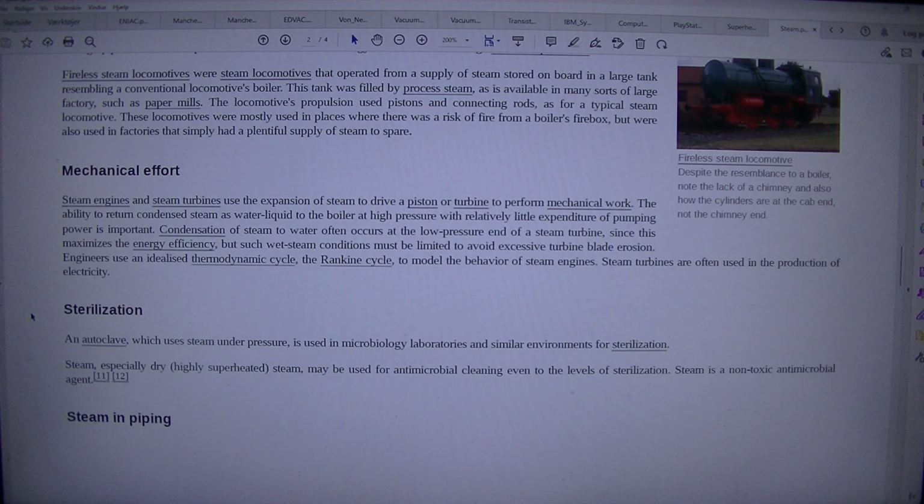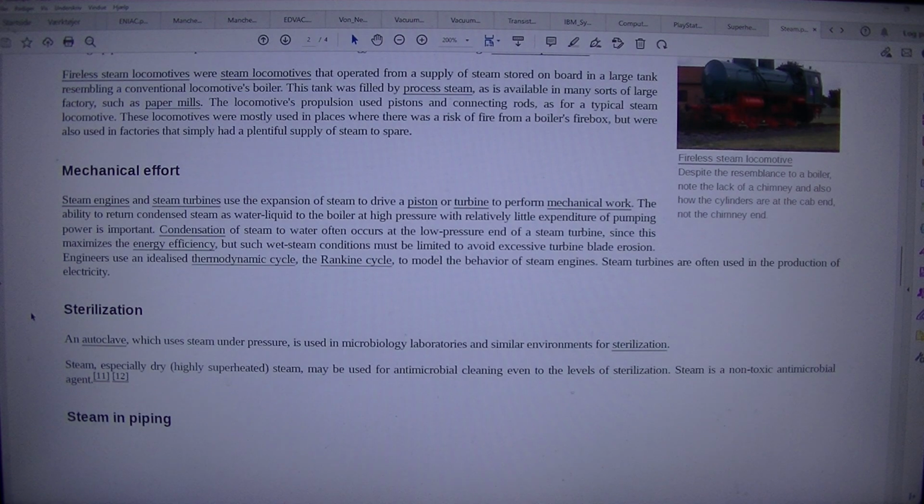Condensation of steam to water often occurs at the low pressure end of a steam turbine, since this maximizes the energy efficiency, but such wet steam conditions must be limited to avoid excessive turbine blade erosion. Engineers use an idealized thermodynamic cycle, the Rankine cycle, to model the behavior of steam engines. Steam turbines are often used in the production of electricity.